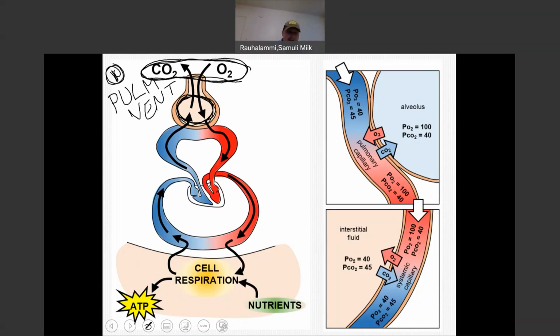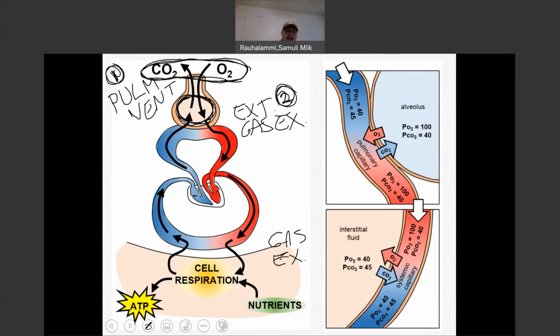The second phase is going to be our external gas exchange. There are going to be 2 places where gas exchange takes place.